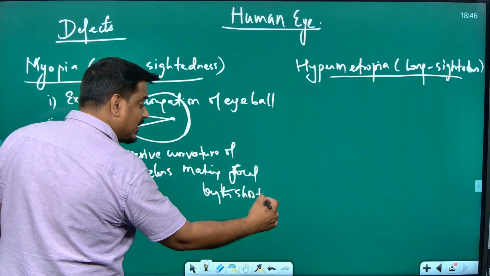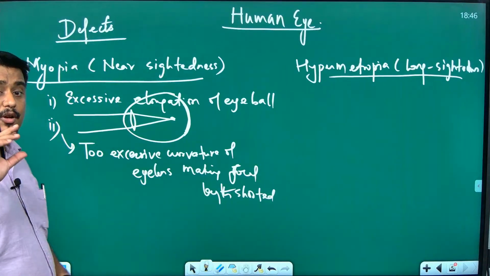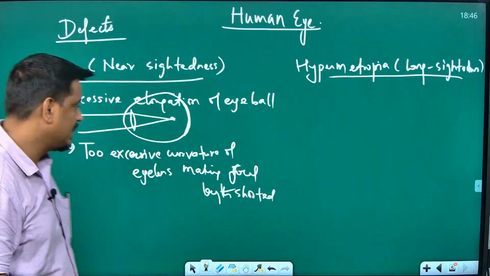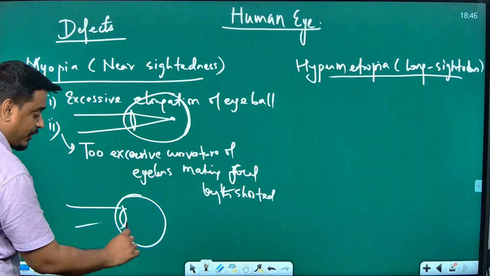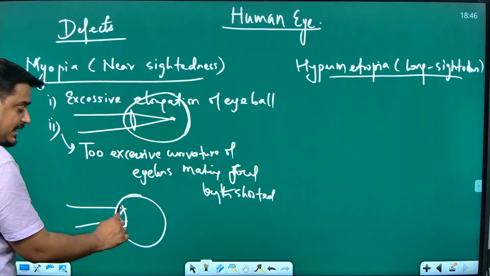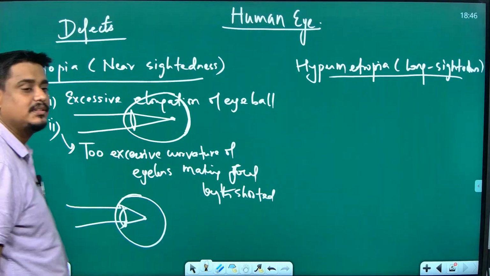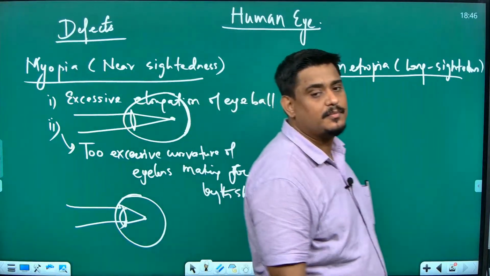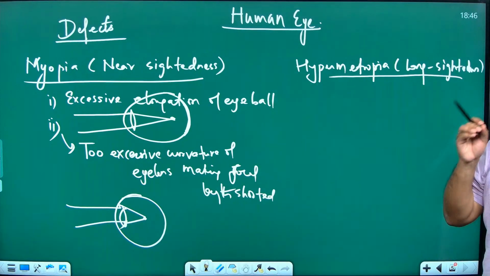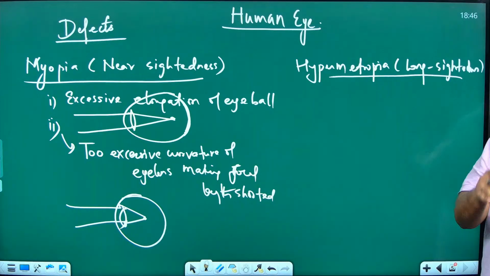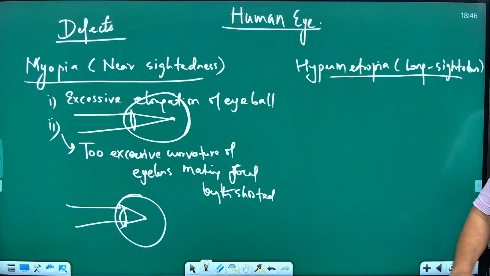It means your eye lens is having capability of converging before itself. Are you getting a point? You are having eye and the light, because of more curvature of the lens, it is converging before itself. This defect is called as what? Myopia, where rays are joining, or I should say meeting, before the retina itself.